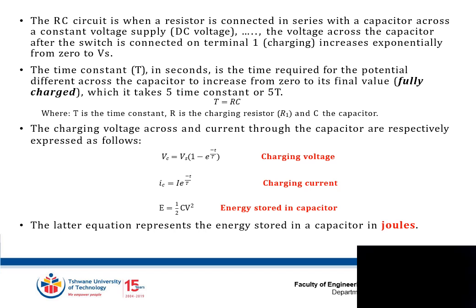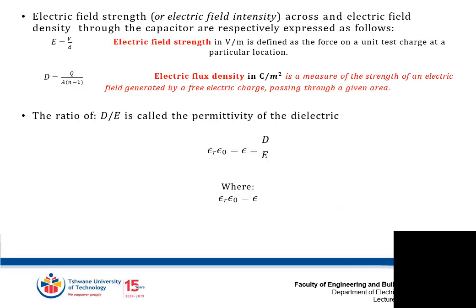The charging voltage across and the current through the capacitor are respectively expressed as follows, in the formulas for Vc and the charging current Ic, and then E is the energy stored in the capacitor. Electric field strength or electric field intensity across and electric flux density through the capacitor are respectively expressed as follows. E equals V over d, which is the electric field strength in volts per meter.